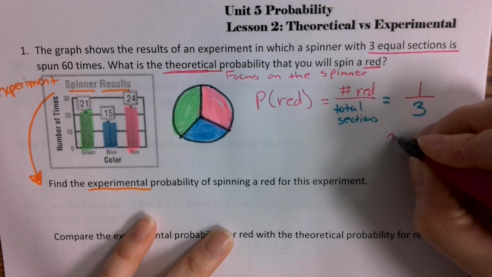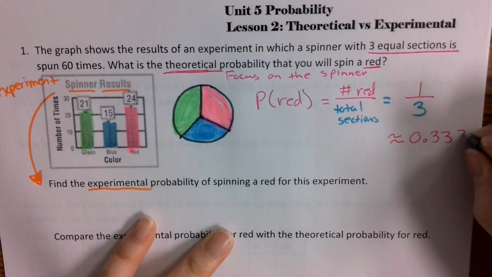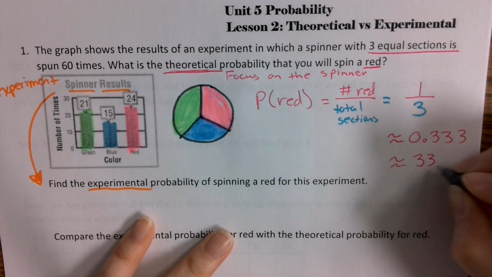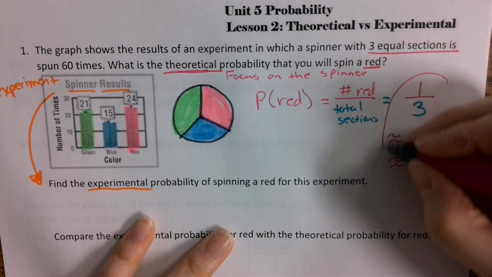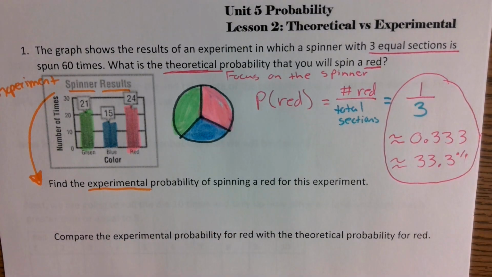This is roughly around 0.333, which is roughly around 33.3%. So here's my fraction, my decimal, and my percentage. I like to convert them into decimals and percents because you guys have an easier time comparing decimals and percents.